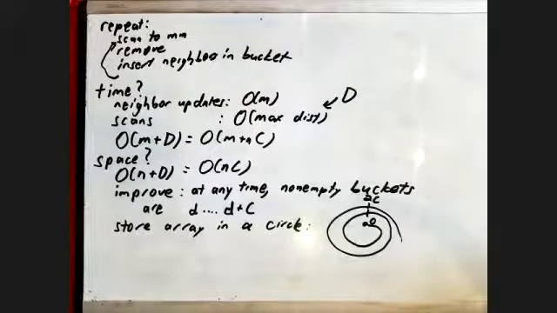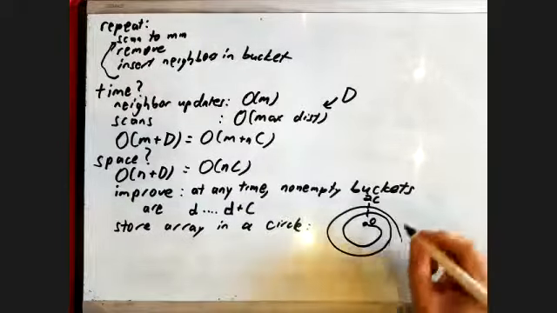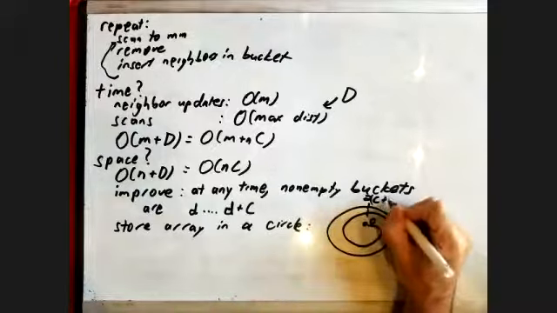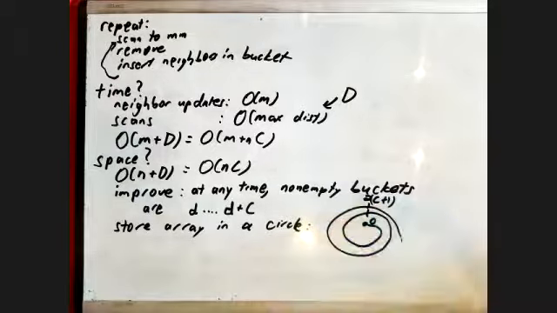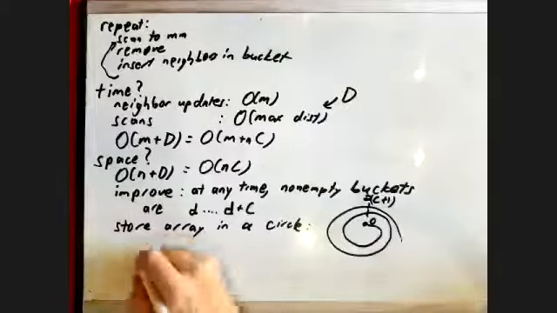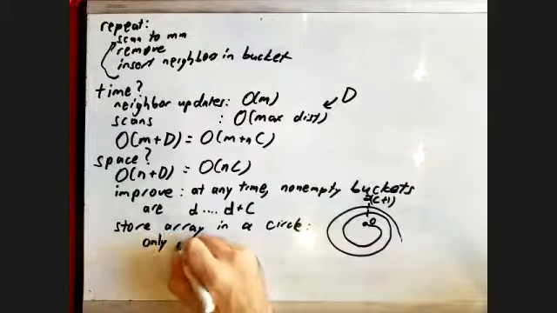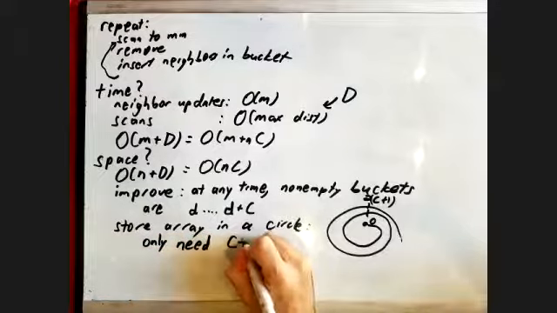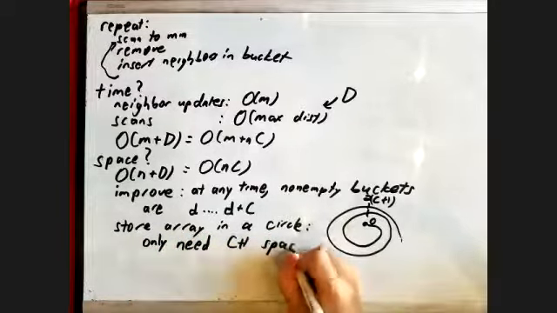None of these will be occupied at the same time. Actually, it should be C plus 1. So the array is of size C plus 1, and that means I only need C plus 1 space to store my whole array.